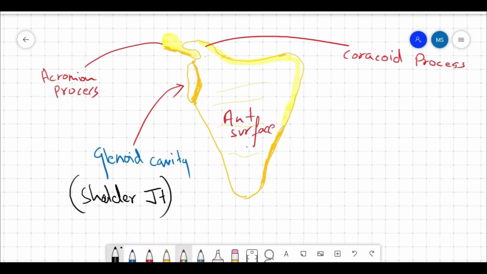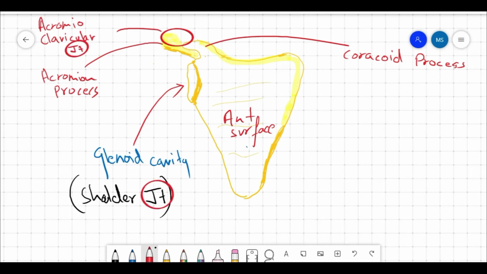The clavicle and the scapula form a joint here, the acromioclavicular joint. Two joints are formed. I repeat, one joint here with the glenoid cavity and the humerus forms the shoulder joint, and one joint here at the acromion process forms the acromioclavicular joint.